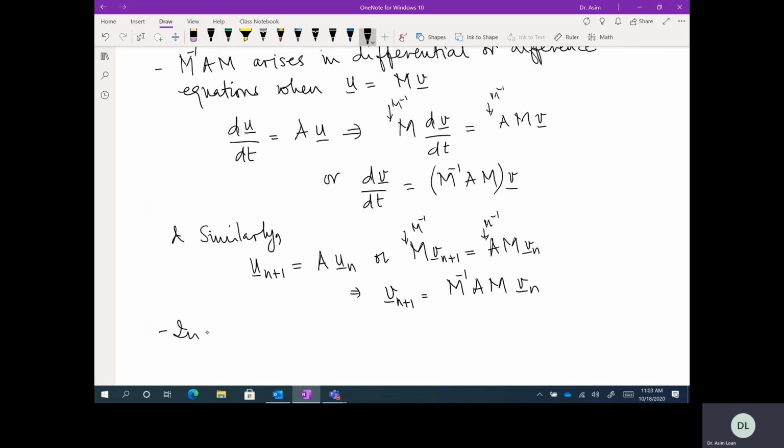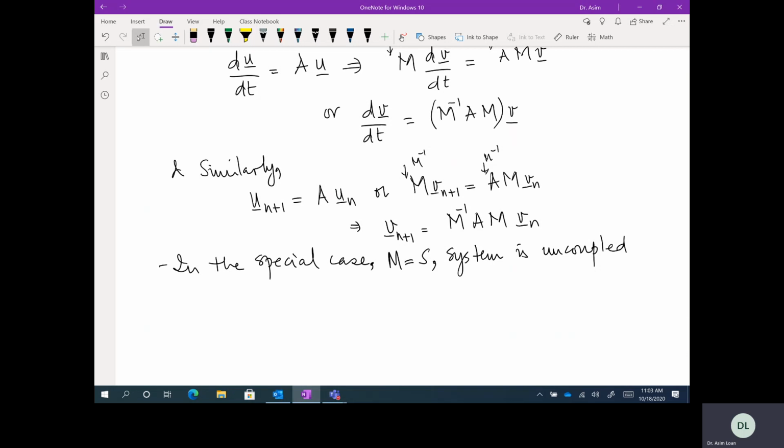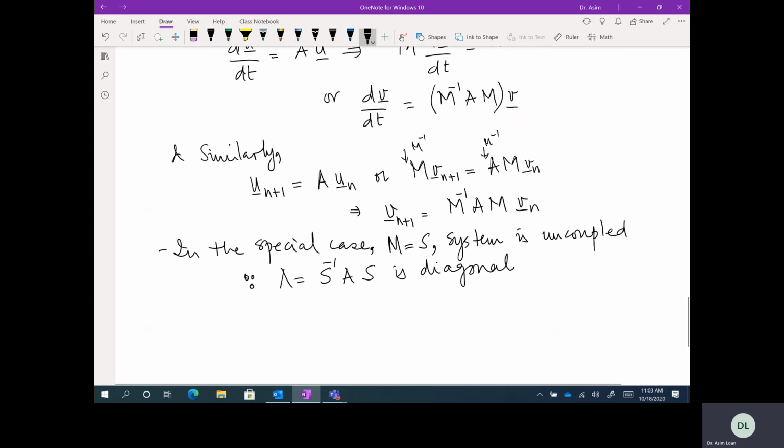And in the special case when M is equal to S, the system is uncoupled because off diagonal elements are 0, because lambda equals S inverse AS, which is diagonal.